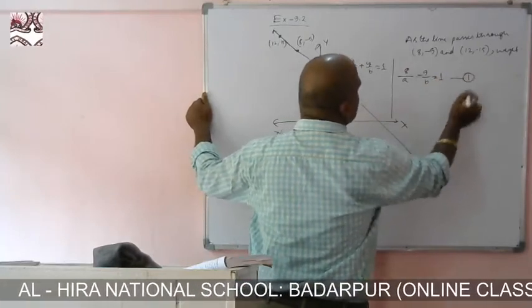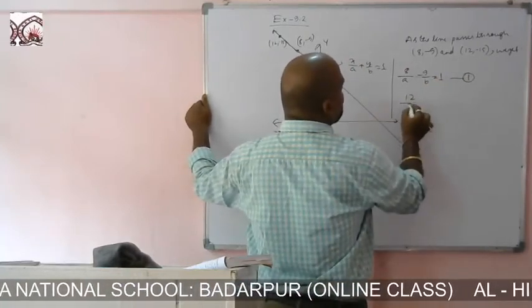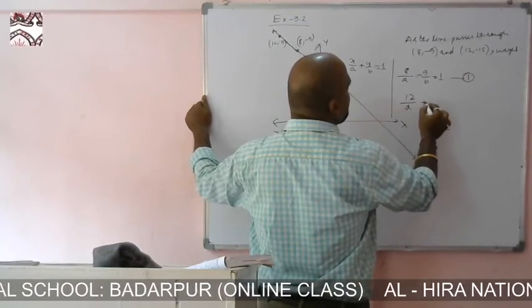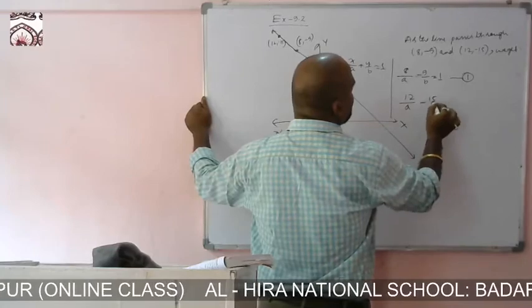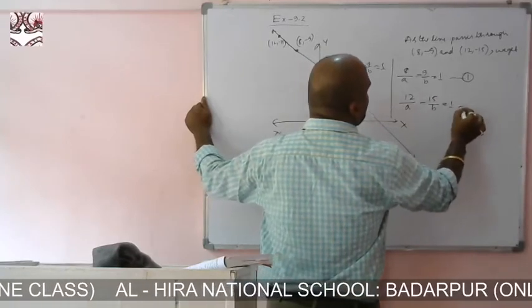This is equation one, and another equation, 12 by a plus minus 15 by b equal to 1.